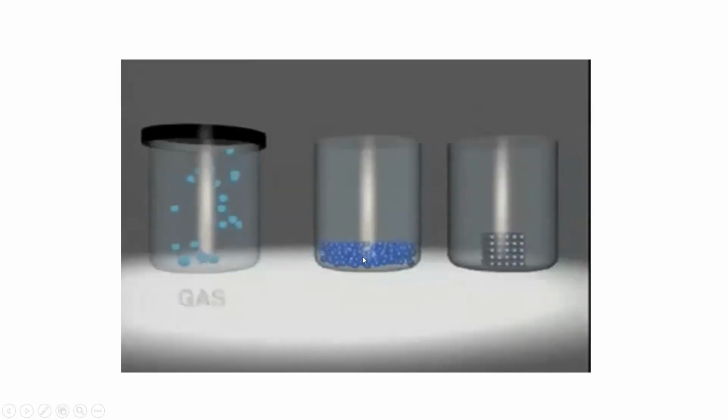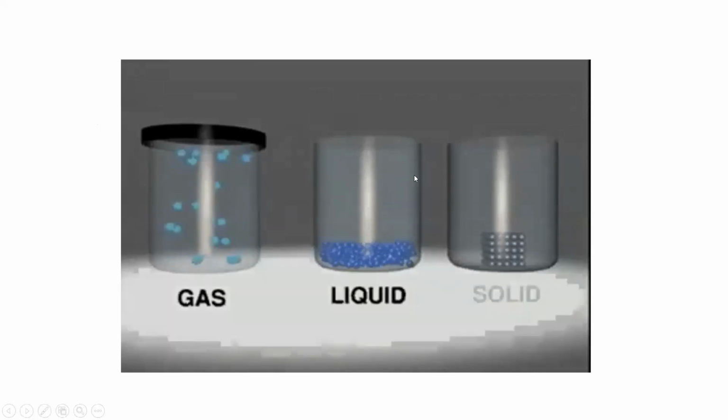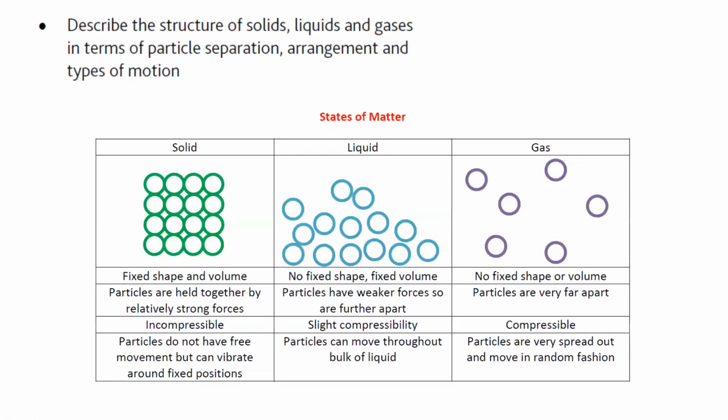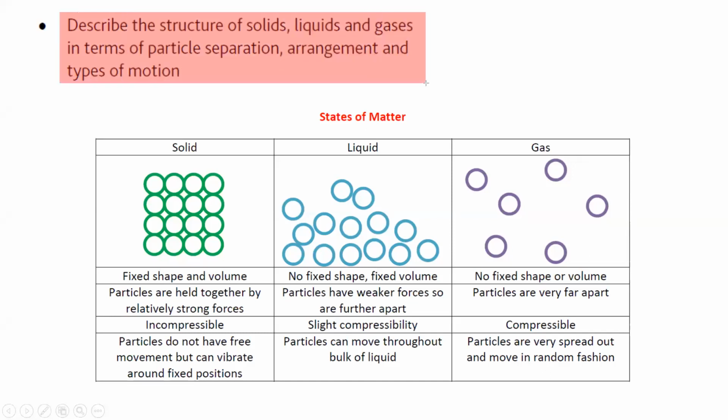So basically, what is an atom? An atom contains an equal number of protons and electrons.